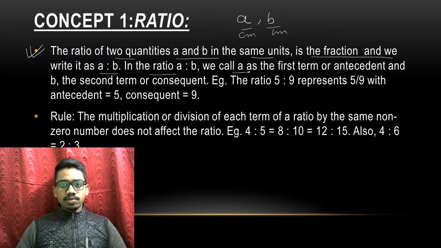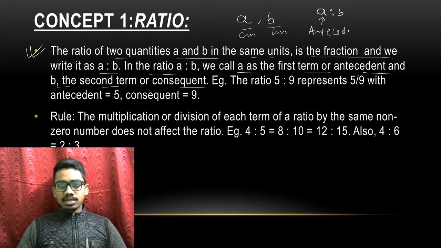In the ratio, we call the first term antecedent and B, the second term, consequent. ठीक है. तो देखिए जो A है, if A ratio B is written over here, so the first term is called antecedent and this B portion is called consequent.